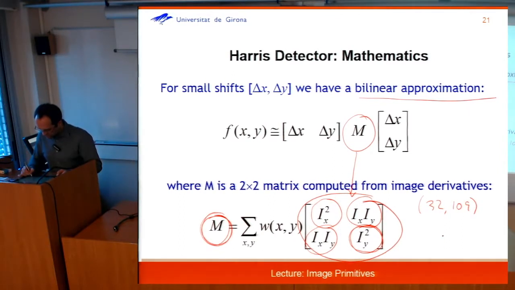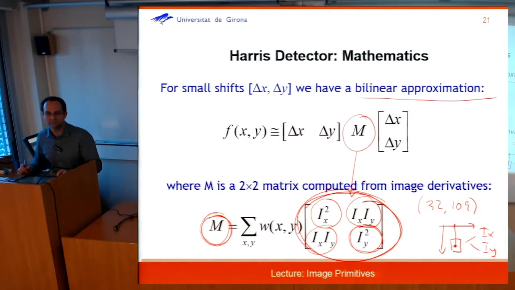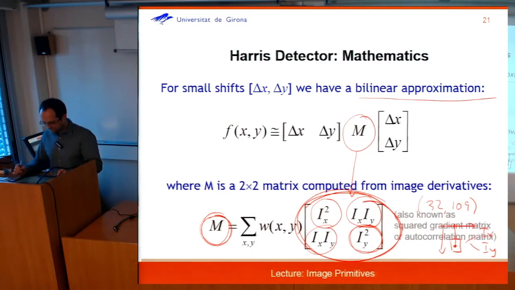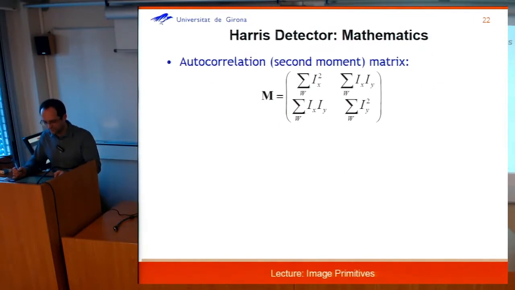Okay, so I go to my image, and I go x 32, y 109, and I open a window here and compute Ix and Iy. And once I compute Ix and Iy, what I'm going to do is to build this matrix here. And this matrix is encoding whether this pixel is a corner or it's not. Now let's see how this is encoding this.